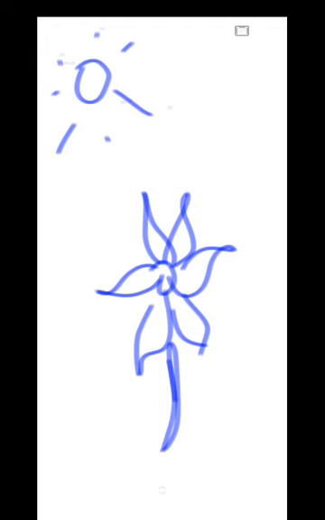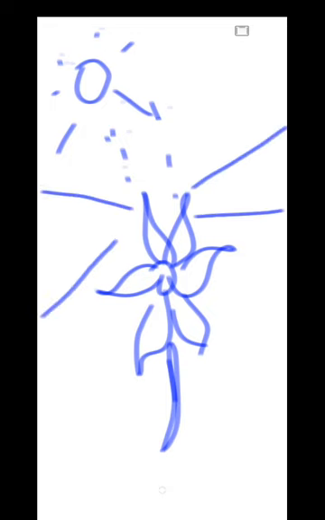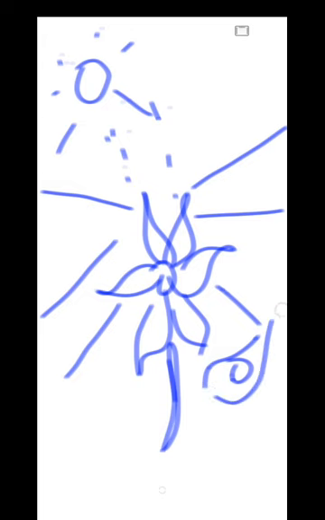And the second one is, the light after hitting the object must reflect back to various directions. And if the reflected rays fall on our eyes, then we are able to see the object.